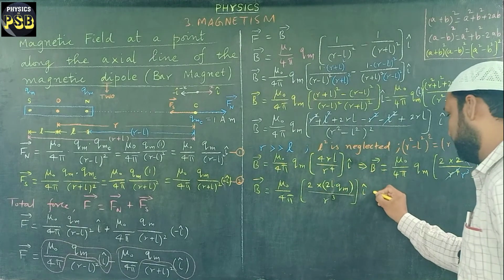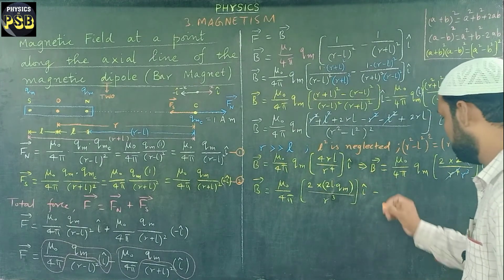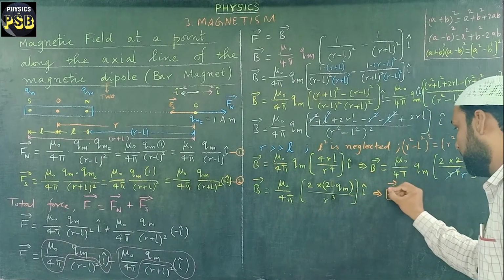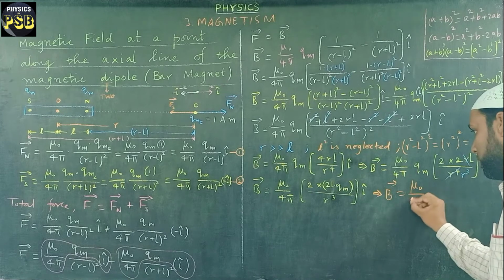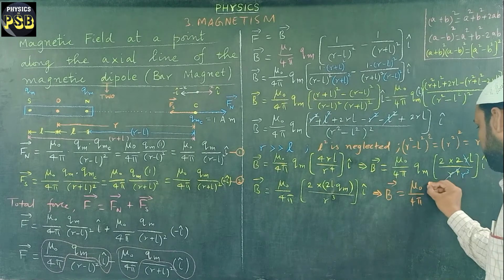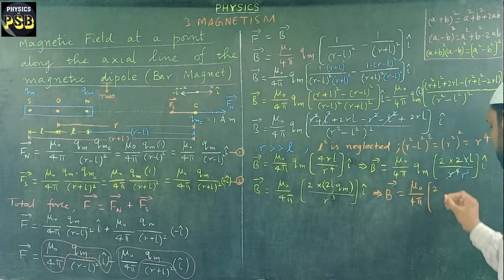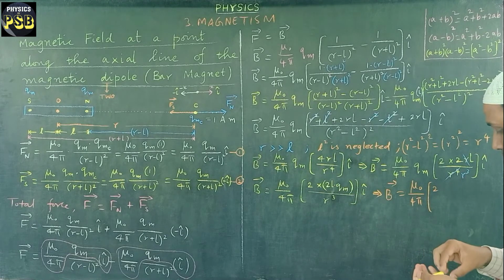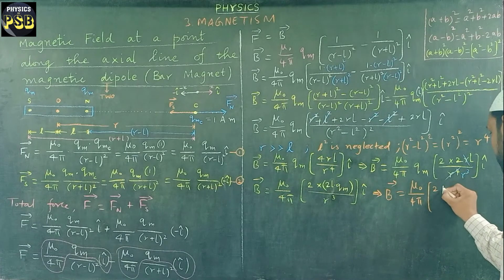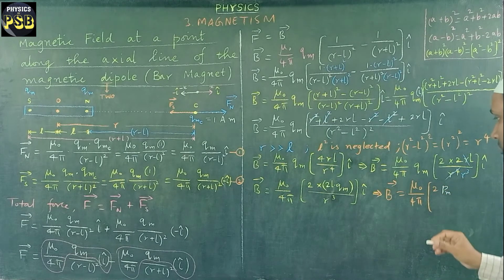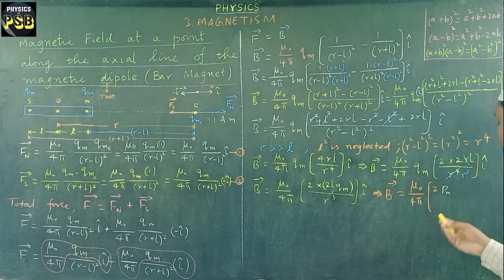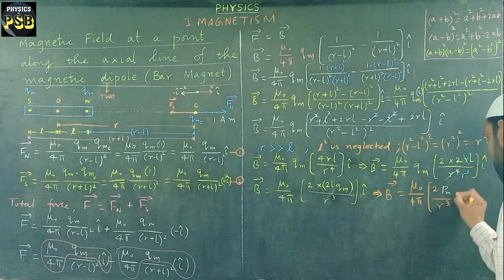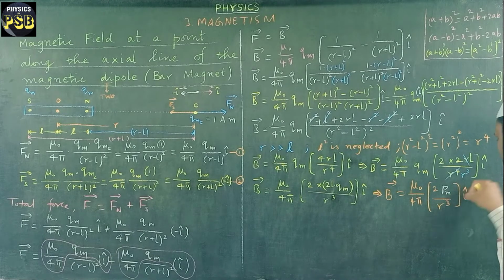Okay, so we have B vector is equal to mu naught upon 4 pi, 2 l qm, which is nothing but PM, the magnetic dipole moment, divided by r cube, multiplied by i cap.